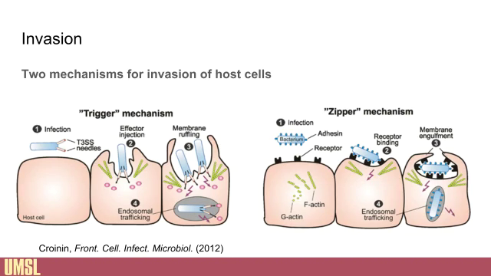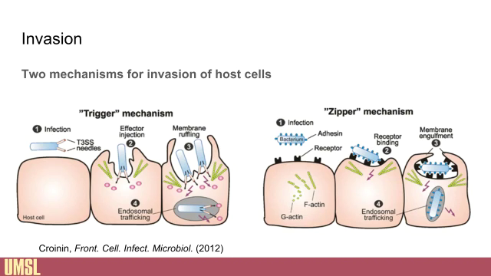Now the second mechanism that we're going to talk about is the zipper mechanism. This is the mechanism that Listeria uses. It uses these afibrillar adhesins that we talked about before, except this is a gram-positive pathogen, so it is anchoring those adhesins to the cell wall instead of the outer membrane. These are going to interact with specific host surface receptors that are responsible for a variety of different signaling.